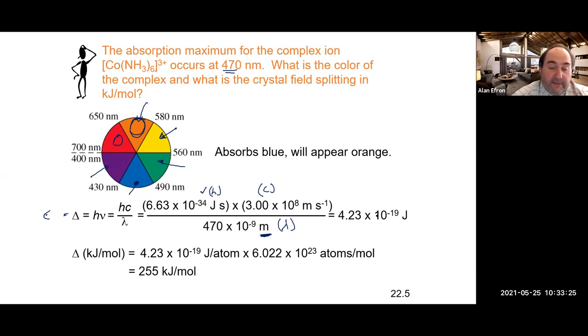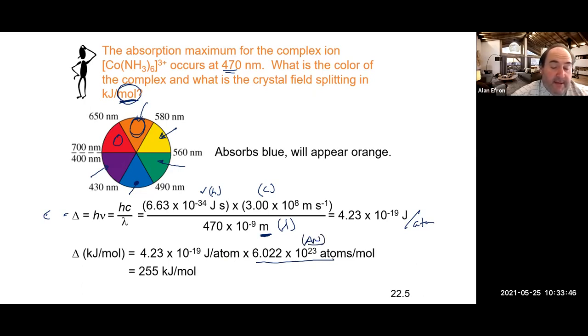That gets us 4.23 times 10 to the minus 19 joules. This is really joules per atom. We're looking for kilojoules per mole. So the atoms to moles conversion tells us Avogadro's number is going to be involved.